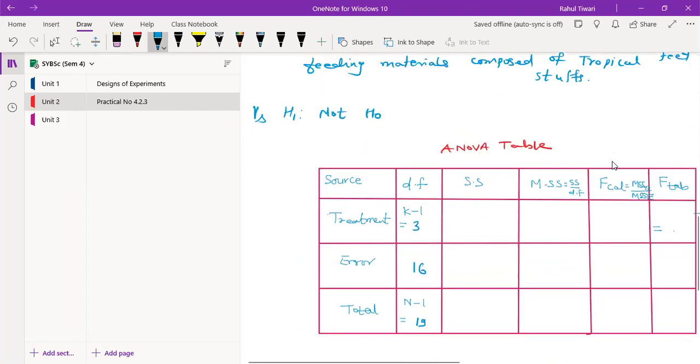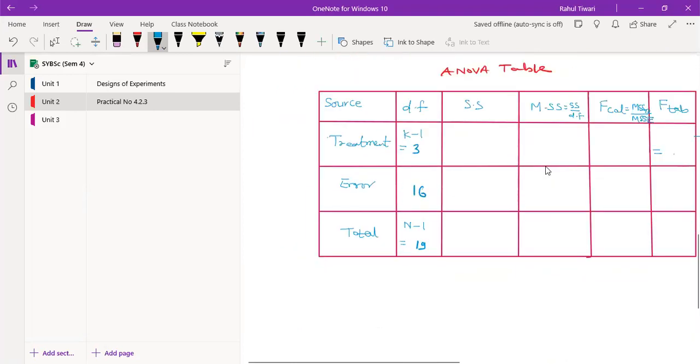So I feel the total sum of squares obtained is 37793.75 and for treatment 26234.95, and when you do the subtraction of this, it would be 11558.8.